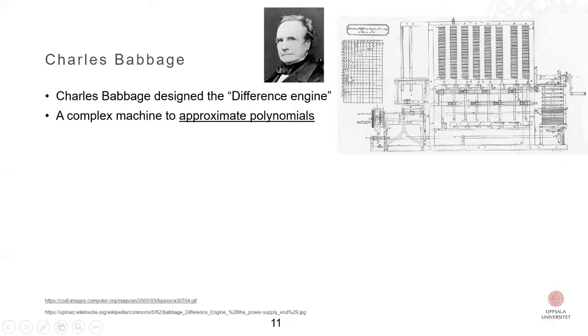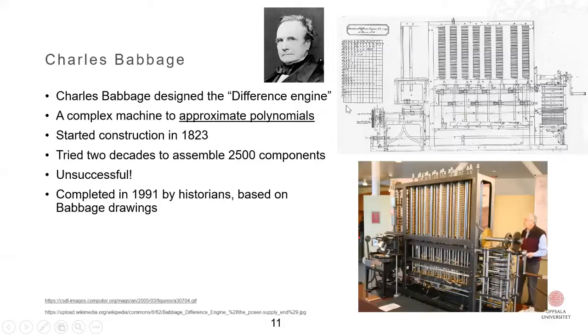Here in this figure, you see his design of the difference engine on a piece of paper. So first he designed his device on paper, and then he started to construct it in 1823. His design consisted of over 2,500 components. He tried for over 2 decades to put all these components together, but unfortunately he wasn't successful and could never finish this device.